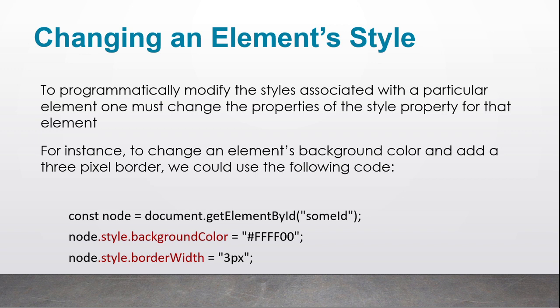So if we look at the example here, we have a variable called node, and it's going out and getting some element within a document with an ID of some ID. And then what we're doing is we're manipulating that element. And the way you do that is you do your variable and then dot style, and then the next part is a little bit tricky.